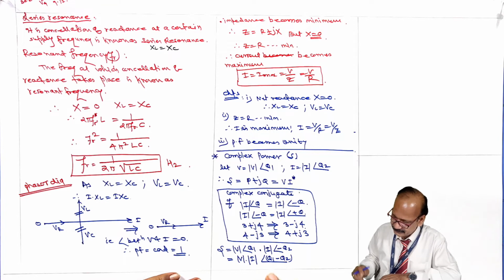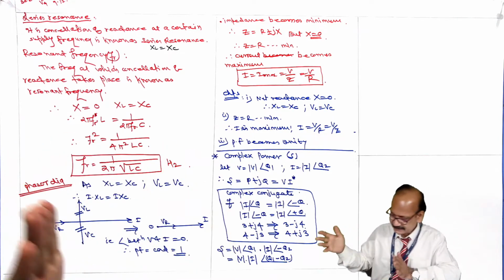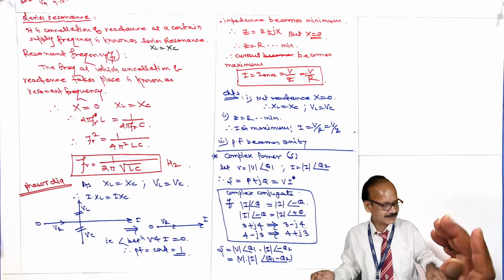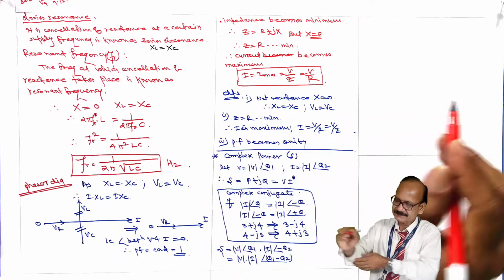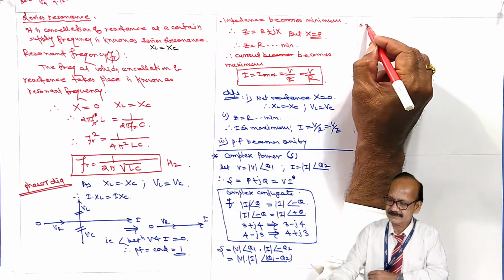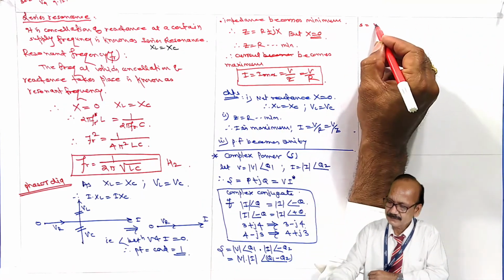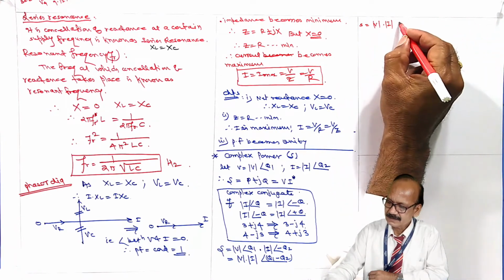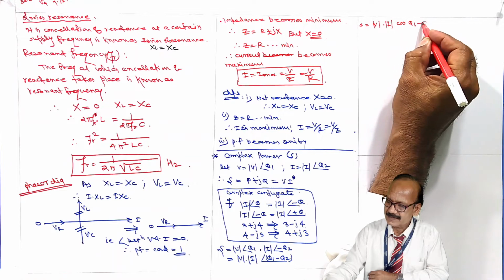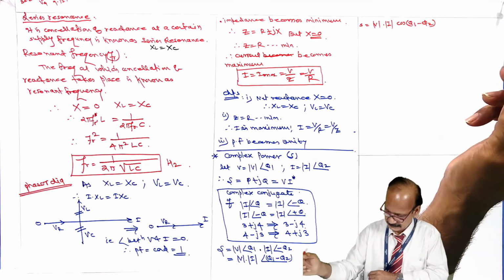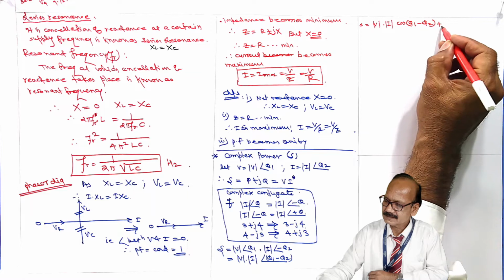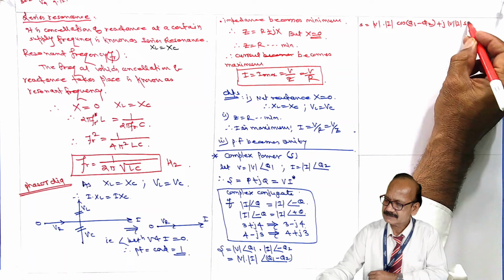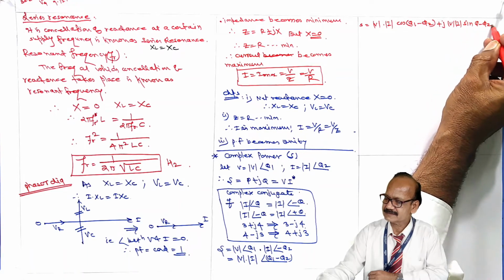Now this is in polar form, and this can be written in trigonometric form. In trigonometric form, it will become S equal to V mod I mod cos of theta 1 minus theta 2 plus j V mod I mod sine of theta 1 minus theta 2.